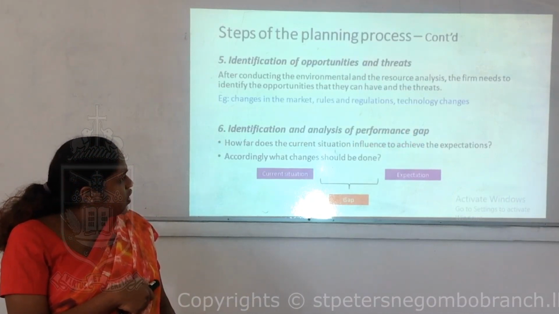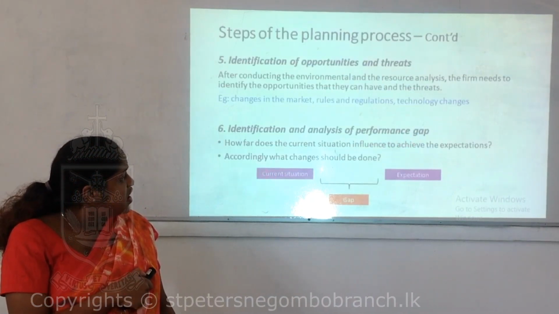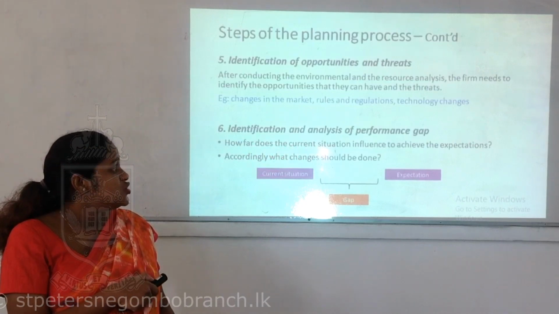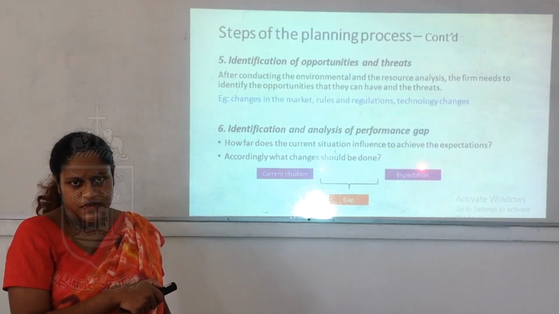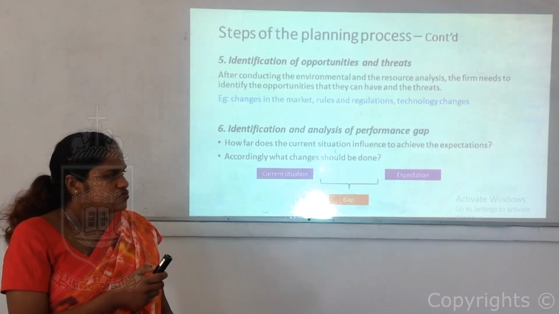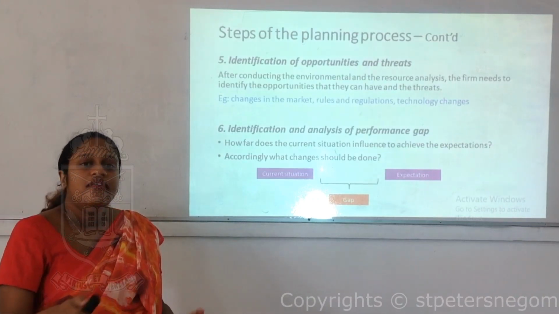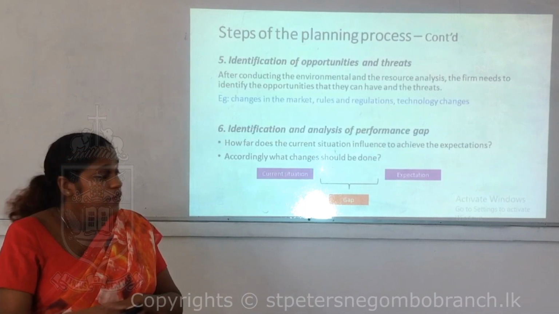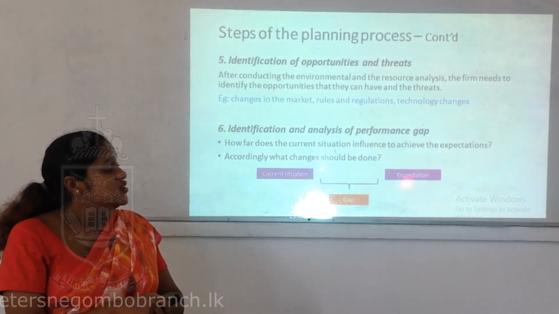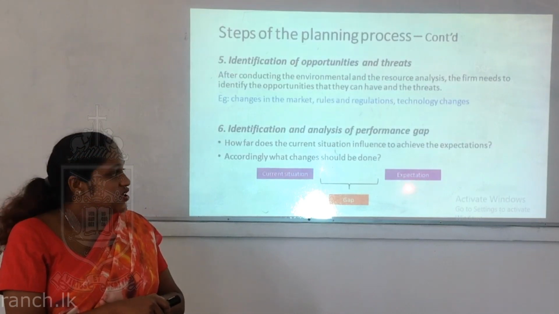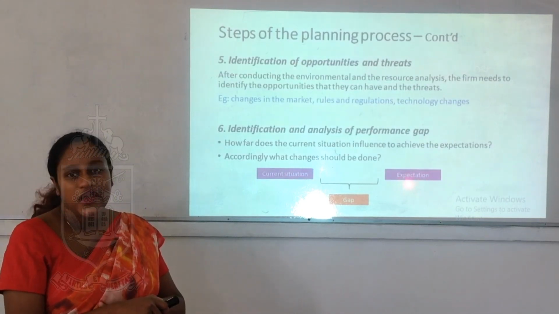Now here, what we are doing is we have to see how far the current situation influences the achievement of the expectations. Okay, what does that mean? We have our current situation, and we also know our expected situation. Expected situation means where we are heading to.